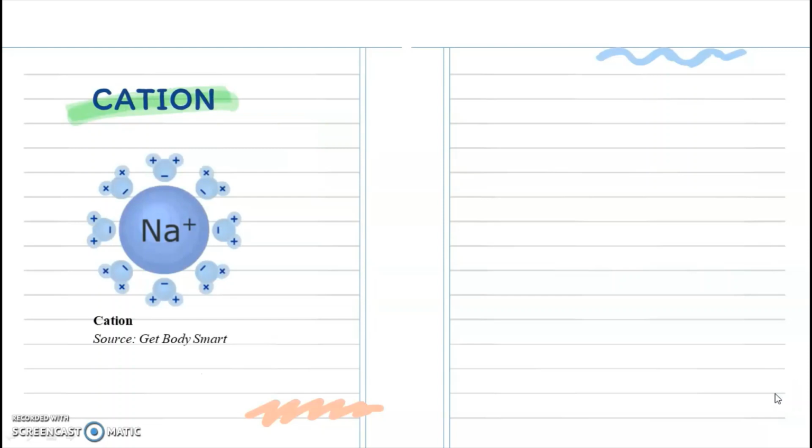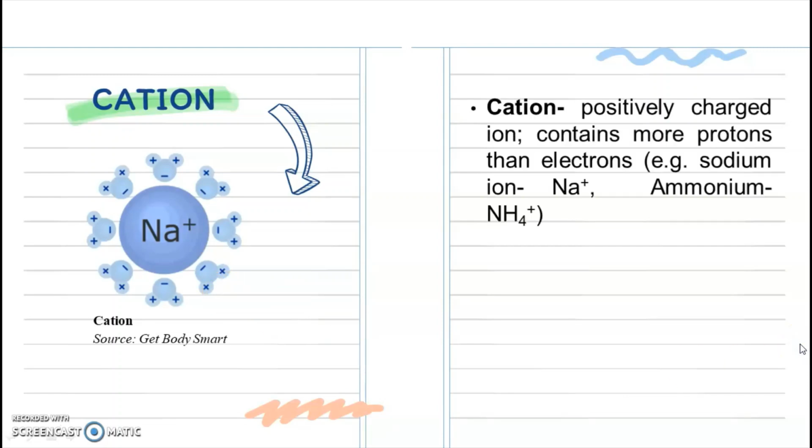And then we have cation. So, ito naman daw yung itsura ni cation. So, cation are positively charged ion that contains more protons than electrons. So, example niyan is sodium ion, Na+, and ammonium or NH4+.